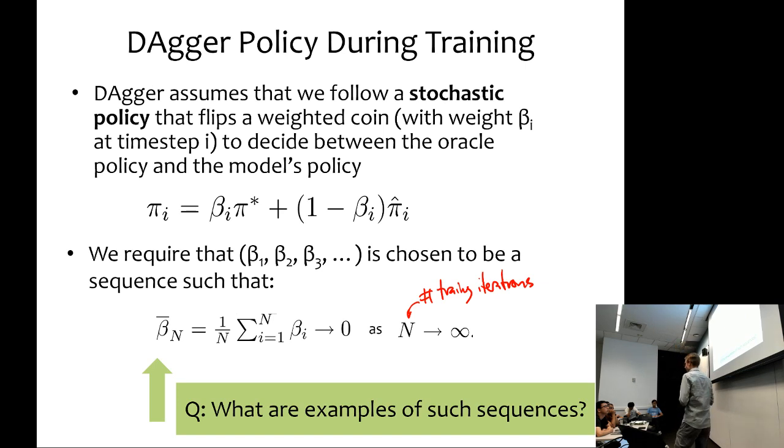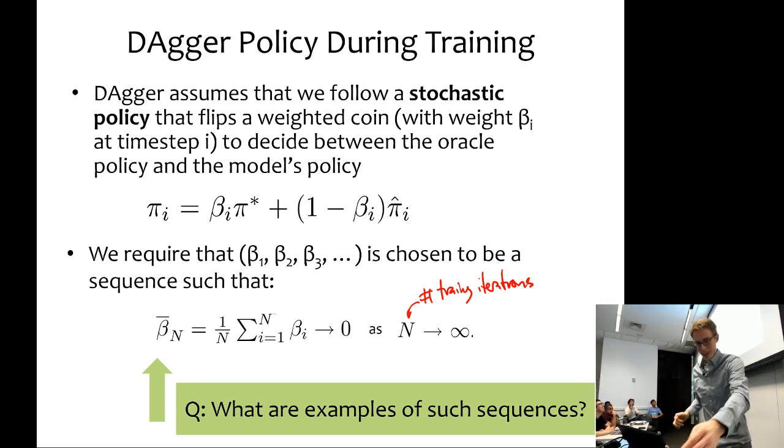I want you to observe just how lenient this requirement is. It's like the simplest possible sequence we could do: beta I is equal to 0. We could just follow our model's policy the entire time.